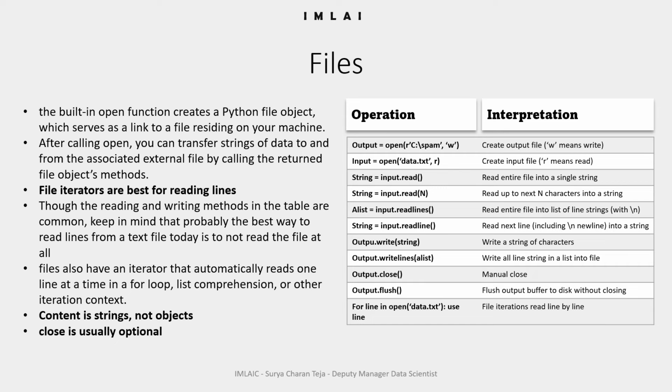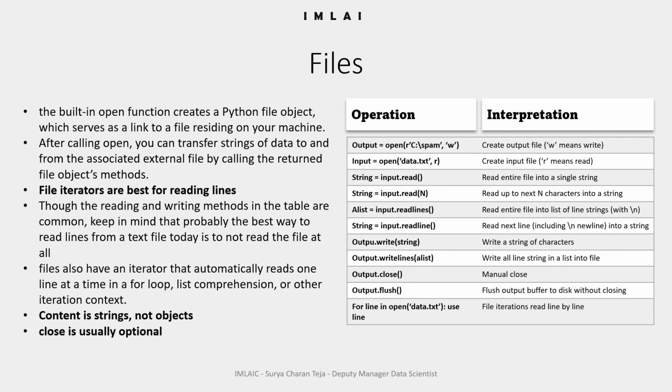Output here is a file handle, and then a file location is given there, and w means you write something. It's the processing mode.